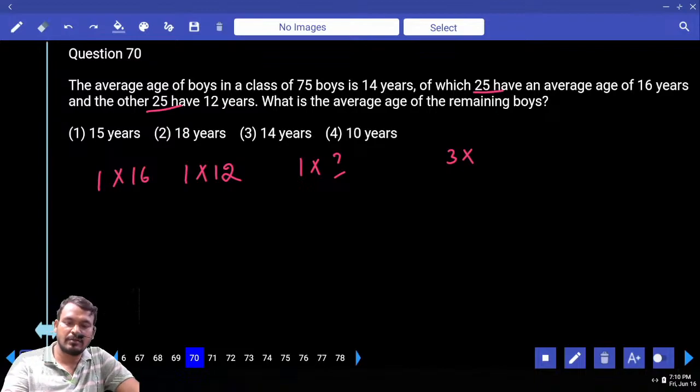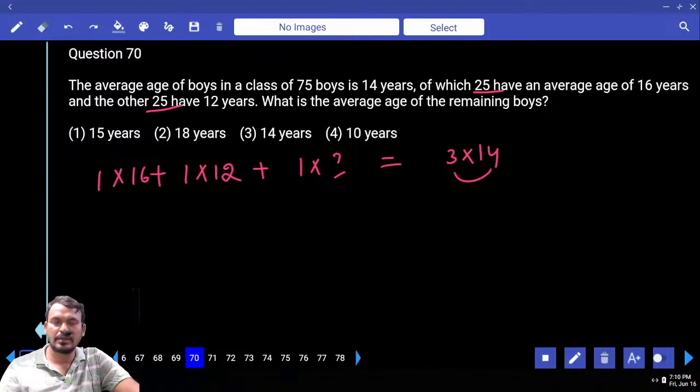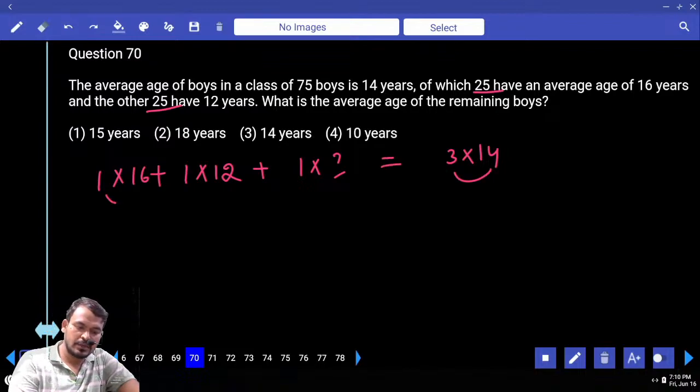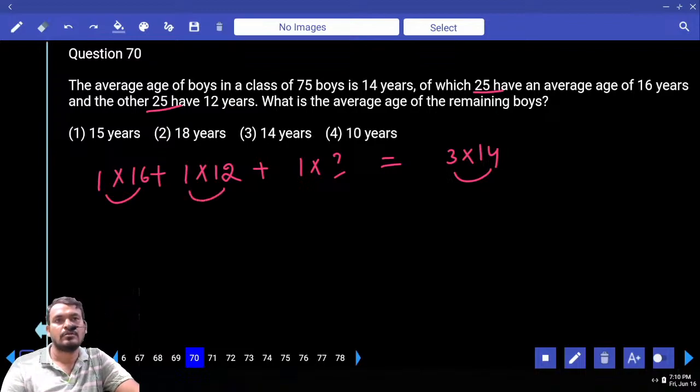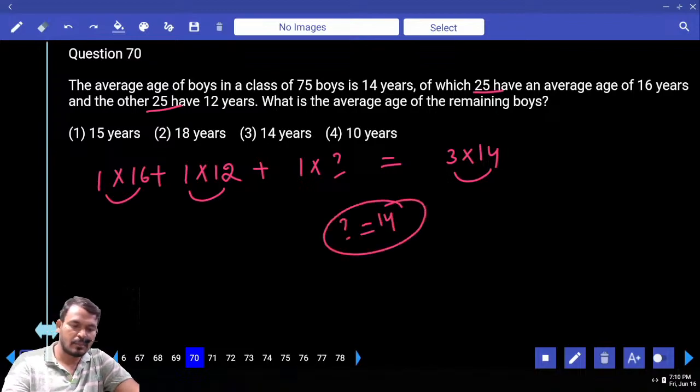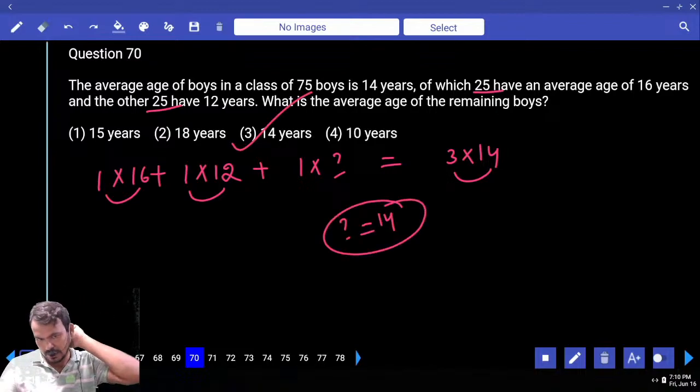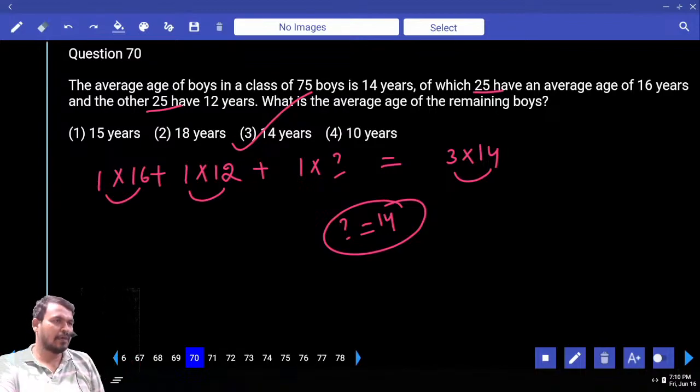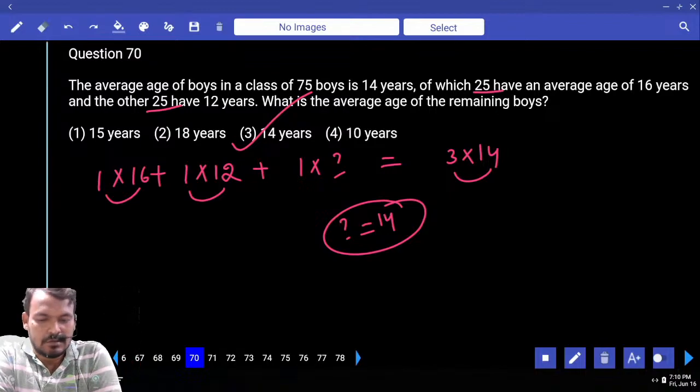What is the 3 parts average? 14 into 3 equals 42. 16 plus 12 is 28. What is the remaining? 14, which means the question mark equals 14. What is the original average? 14.